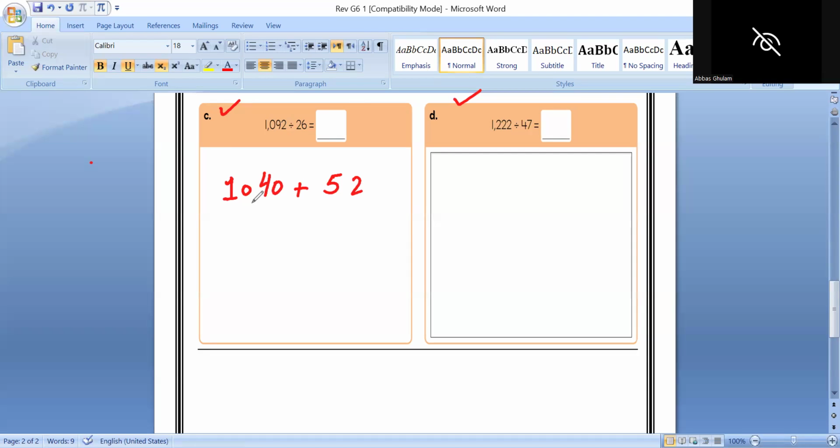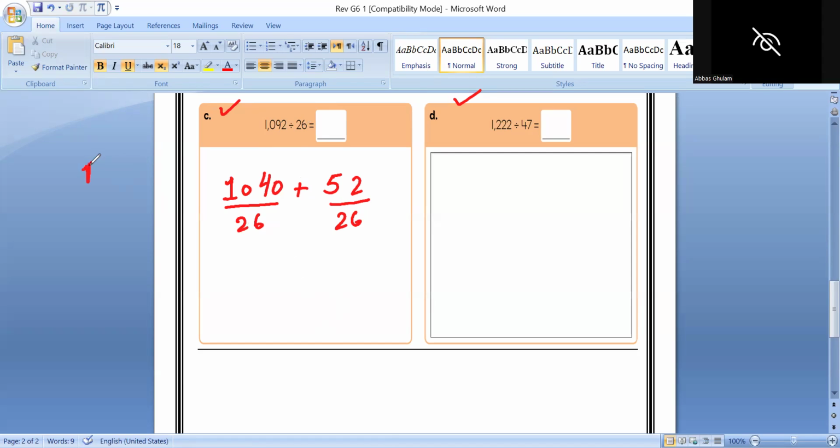If I add both of them, it will be equal to this. I need to divide both numbers by 26. If you don't know how to make the parts, I will also let you know after some time how to make the parts. First, let's complete it.